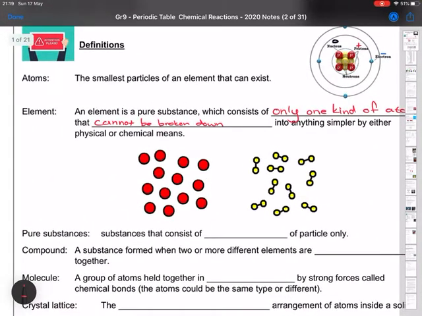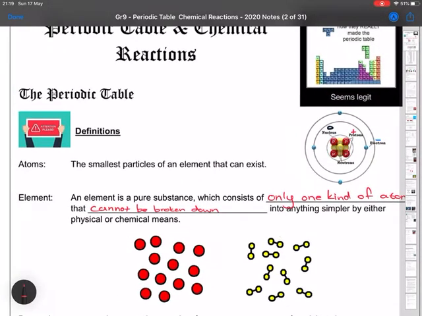Right, so elements are what you would find on a periodic table. A compound, we're going to get to that definition in a minute. But if it's an element, you must be able to find that element on the periodic table of the elements. So if you want to write on the top here, the periodic table of the elements. Remember, it's periodic table of the elements, not periodic table of the compounds, guys.